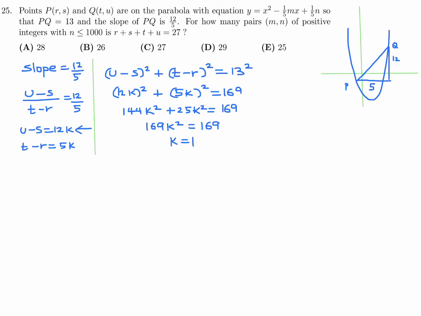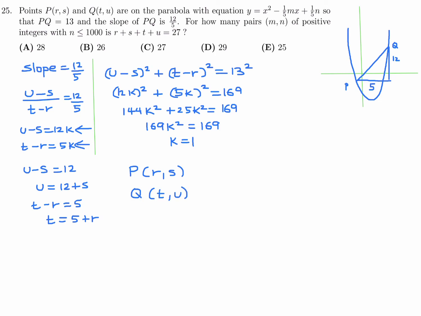Putting that back, U − S is equal to 12, giving U = 12 + S, and T − R is equal to 5, giving T = 5 + R. So my 2 points are P(R, S) and Q(T, U), but I can put Q in terms of R and S, with T as 5 + R and U as 12 + S. That helps a little bit.